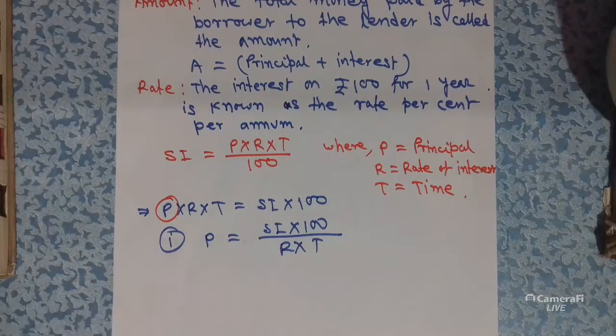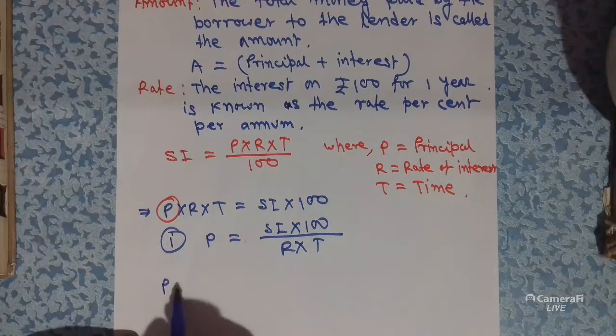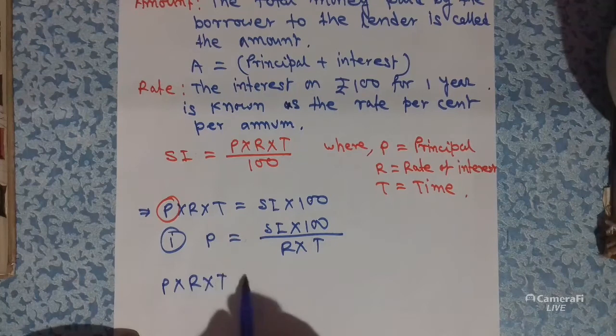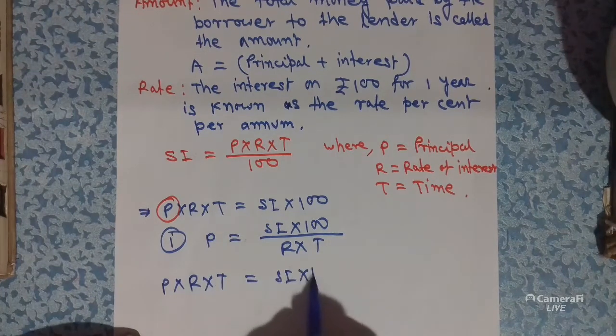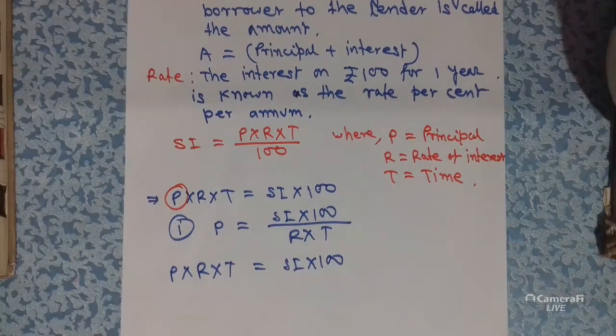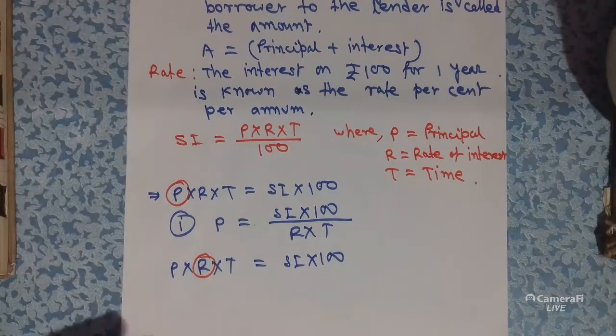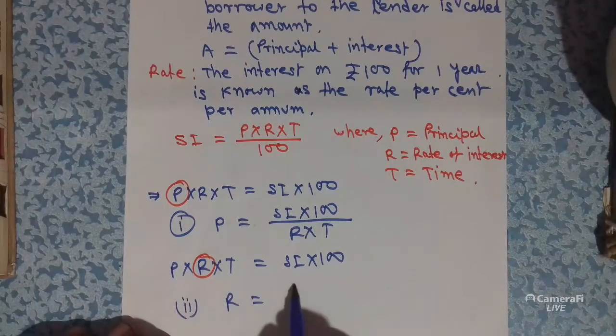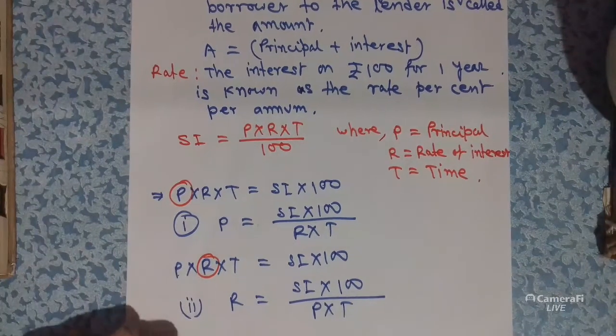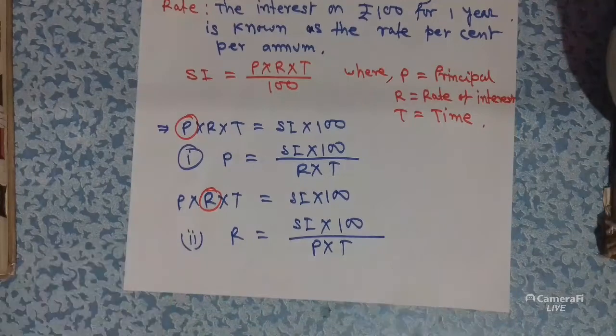When PRT is equal to SI multiply 100, and we have to find R, then R is equal to SI multiply 100 by P into T. Clear, students?